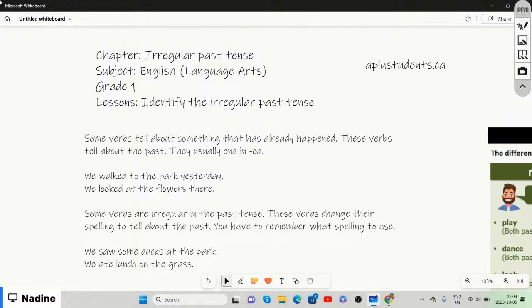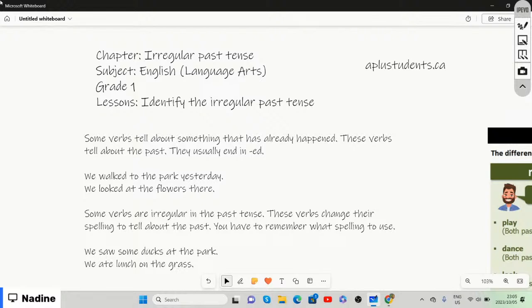We said the present tense shows things that are happening now, in the present moment. The future tense shows things that will be happening, meaning it did not happen as yet, but it will happen. And then we have the past tense, which tells us about something that happened already.